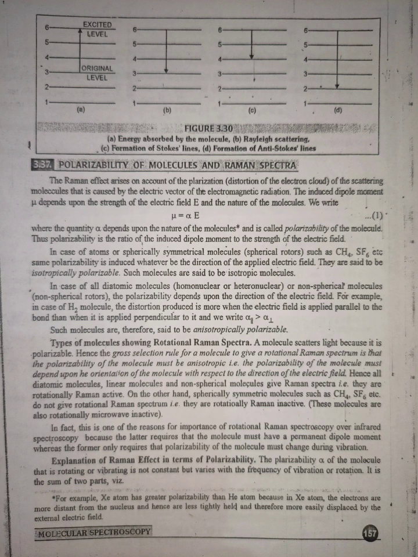Article 3.37, Polarizability of molecule and Raman spectra. The Raman spectra arise on account of polarization, the distortion of the electron cloud of the scattering molecule that is caused by the electric vector of electromagnetic radiation.